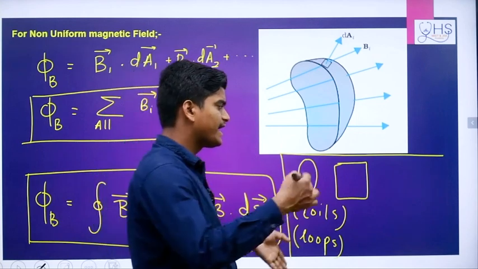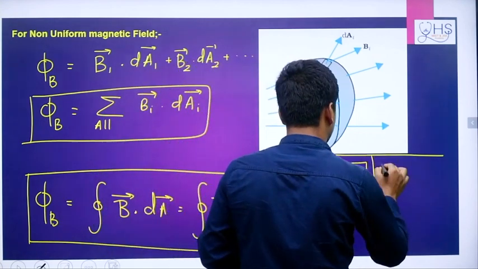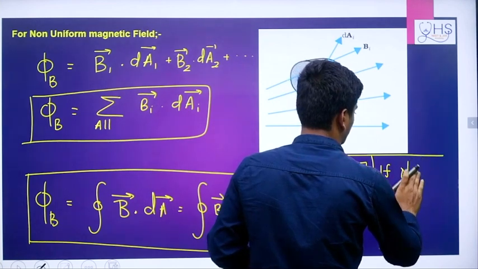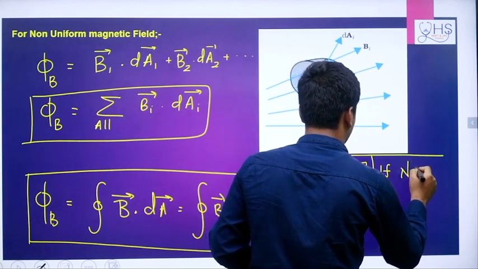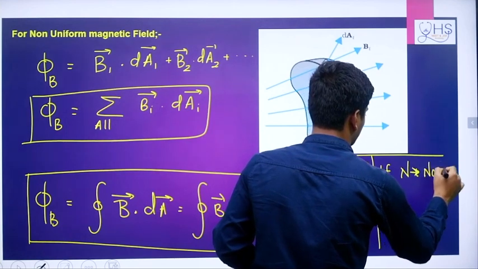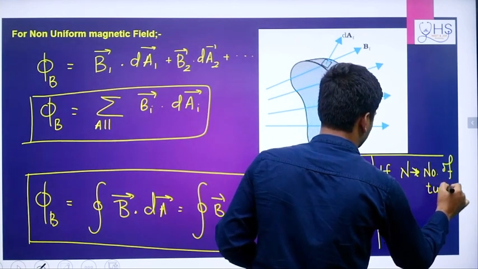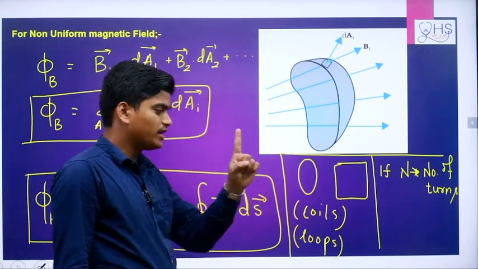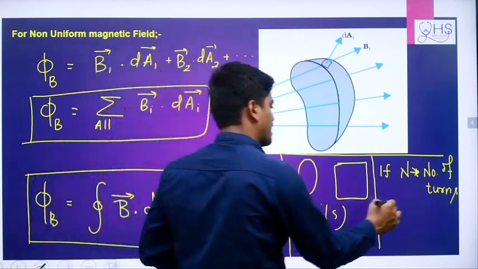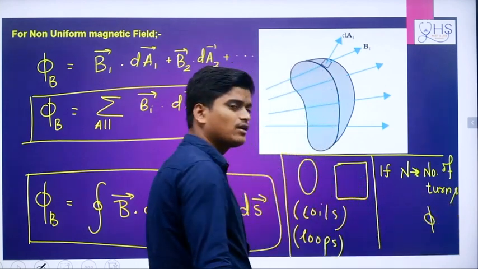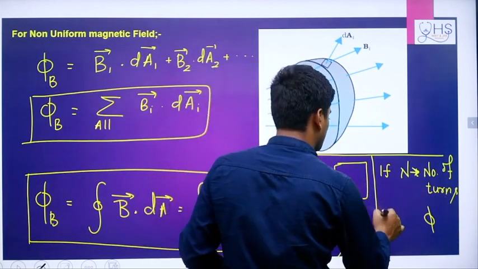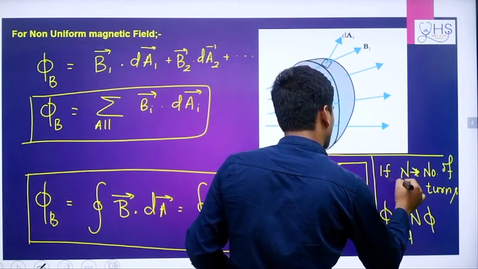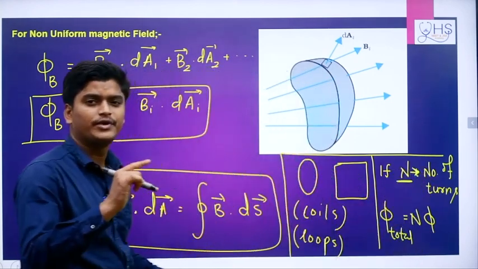Okay. Suppose n number of turns are there. If n is the number of turns, and due to one coil your magnetic flux is phi, then the total magnetic flux due to n number of coils will be n phi.